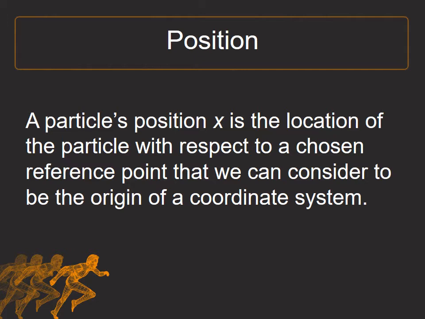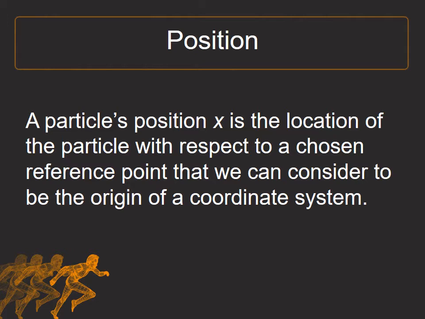So we can locate the position of any object in our discussion to be point x, with a certain distance with respect to the reference point, which is the origin. So still we are going to use the Cartesian or the coordinate system here. So basically, position tells us the location of a particle or an object or a body with respect to our reference point.